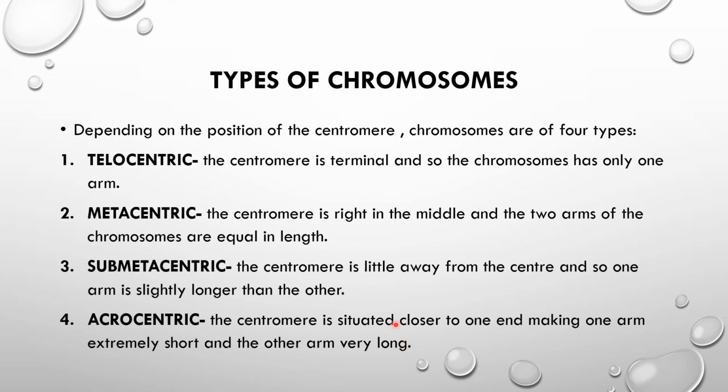So depending upon the position, we have four types of chromosomes. Telocentric has only one arm, metacentric has equal arms, submetacentric has one arm slightly longer than the other, and acrocentric has unequal arms.